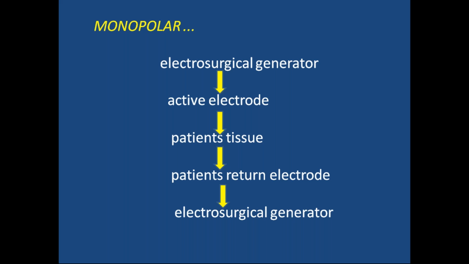The power is generated in the electrosurgical unit and passed into the active electrode through the wires connected between the electrosurgical unit and the electrode pen. From the active electrode, it passes into the patient tissue and acts on the tissue, causing charring of the tissue. From there, the current returns back into the electrode and into the electrosurgical generator.